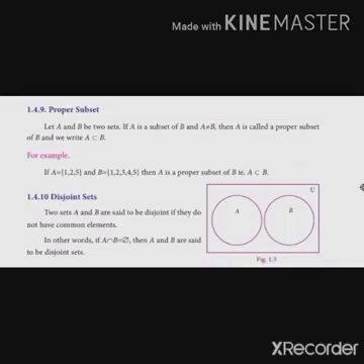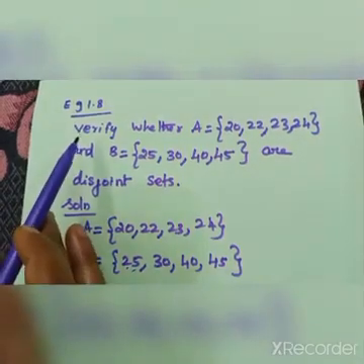Two sets are disjoint if they do not have common elements, meaning A intersection B is equal to the null set. There is no common part, they won't join.